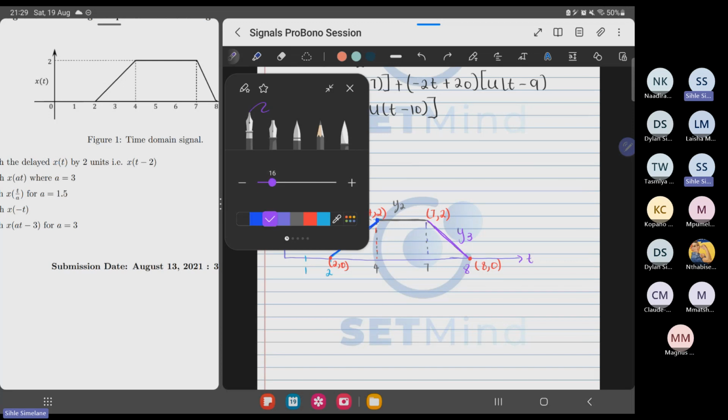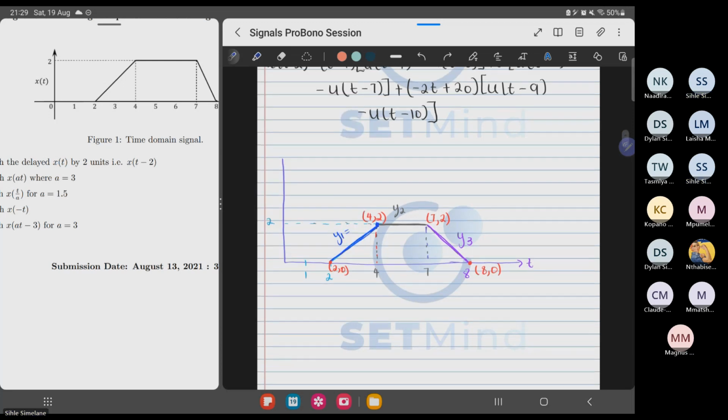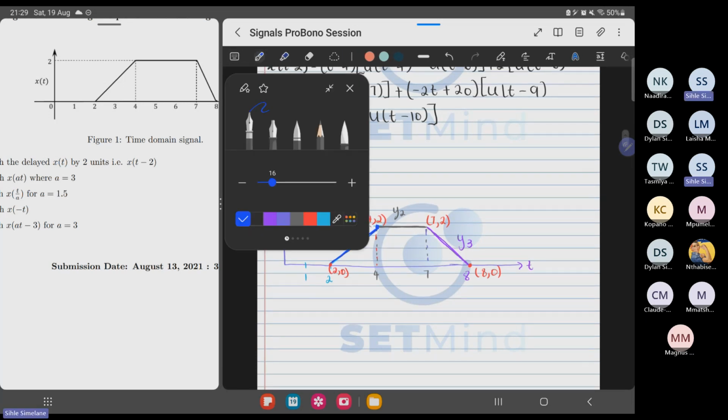So remember that we have the original graph here, and they said what we need to do is to do this shift here, which is t minus 2. So the question to everyone in the meeting, the new graph, I'm gonna draw it using, which color did I not include here? Let me take pink.